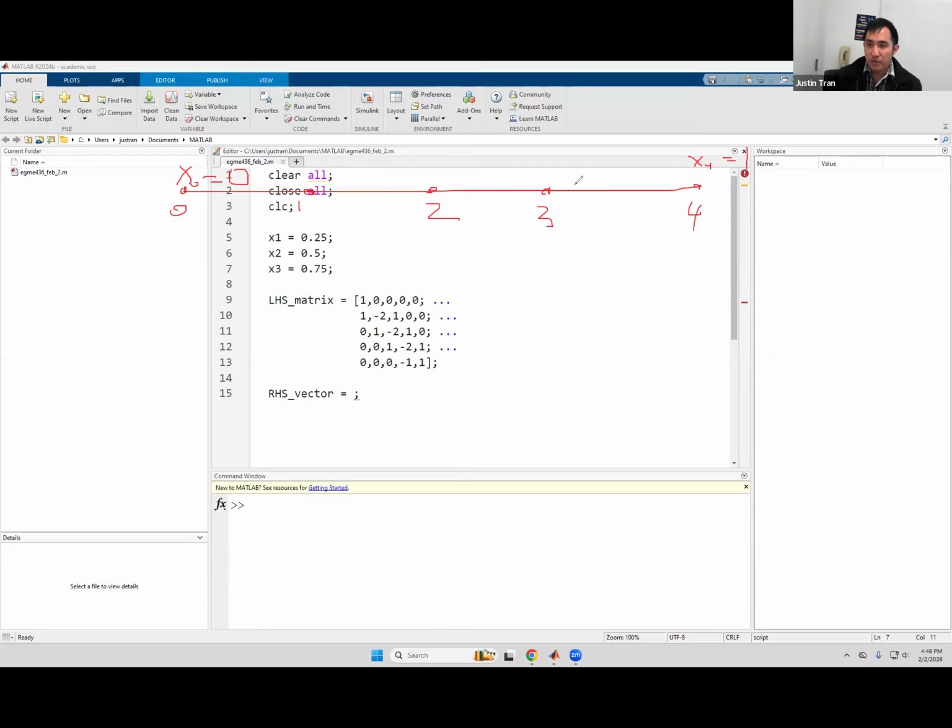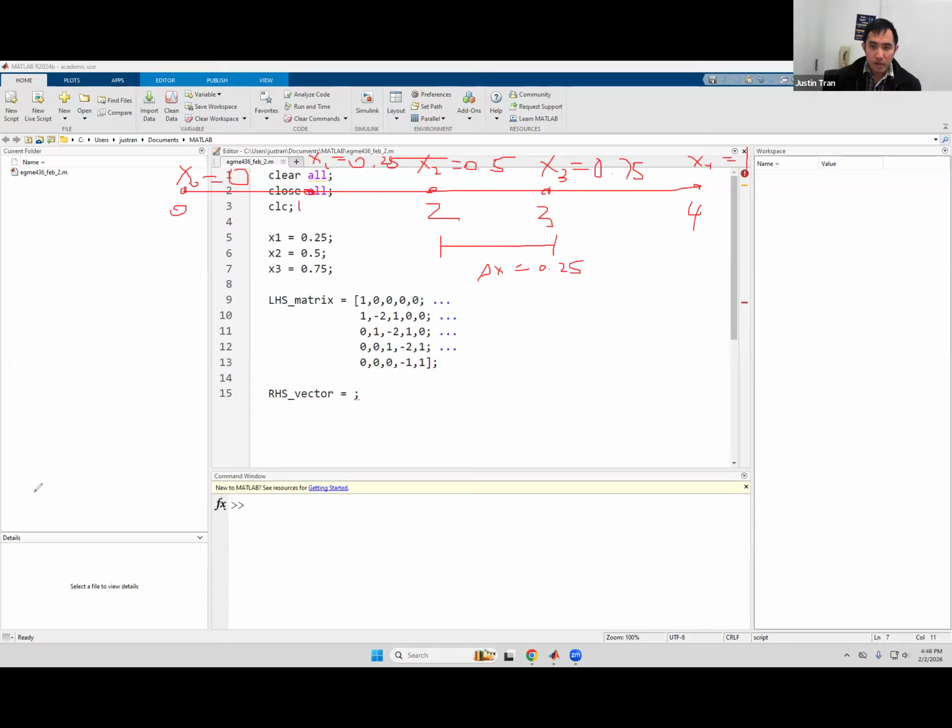That means every x value in between is an equal increase. So x2, right in the middle, is 0.5, x1 is halfway between those two, so x1 has to be 0.25, and then x3 must be 0.75. So those are all of the x values for each node in our domain. We can also see from this figure that the spacing between the nodes, or delta x, is 0.25.